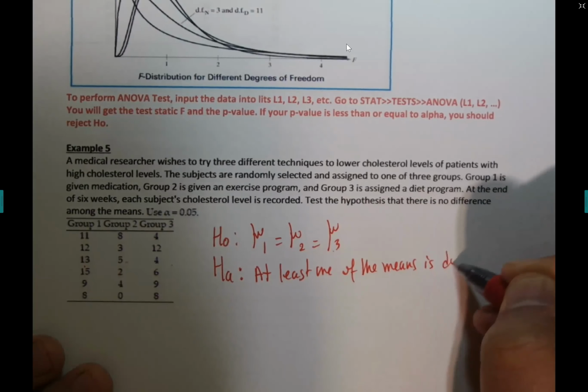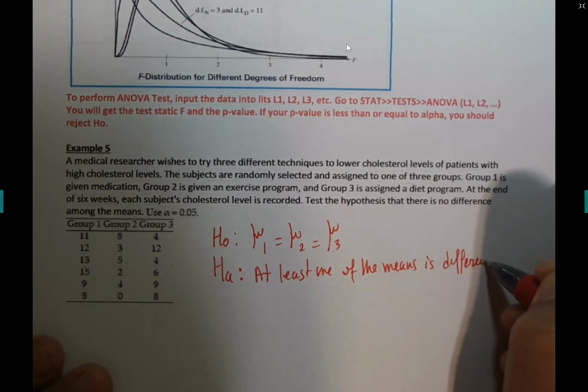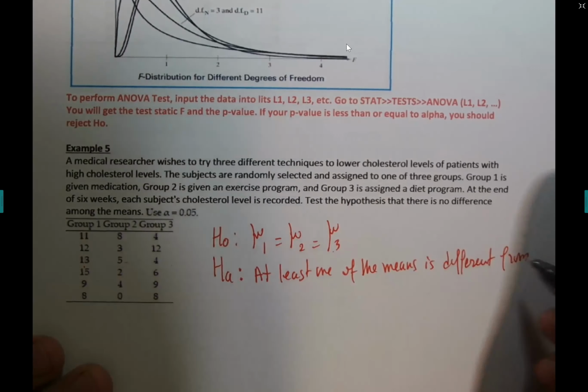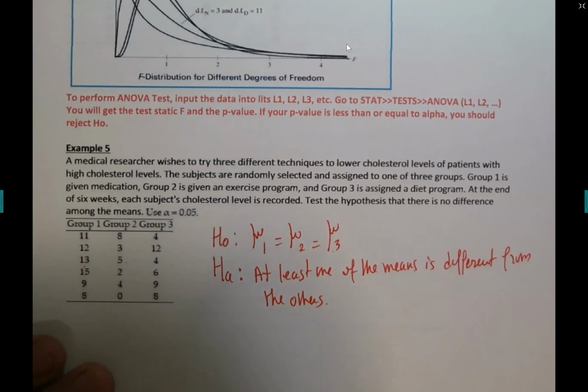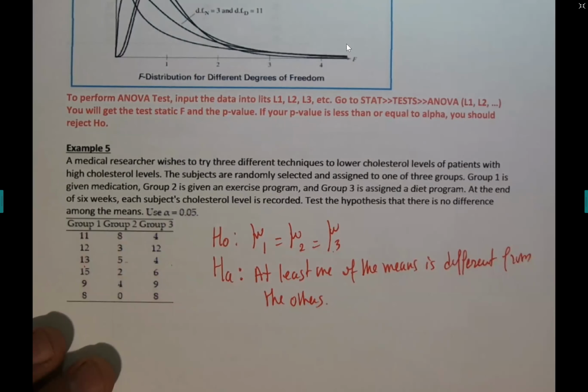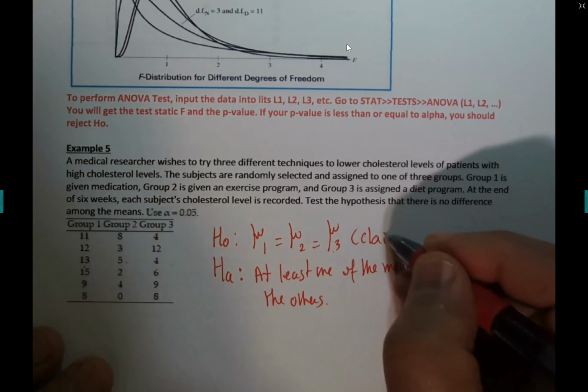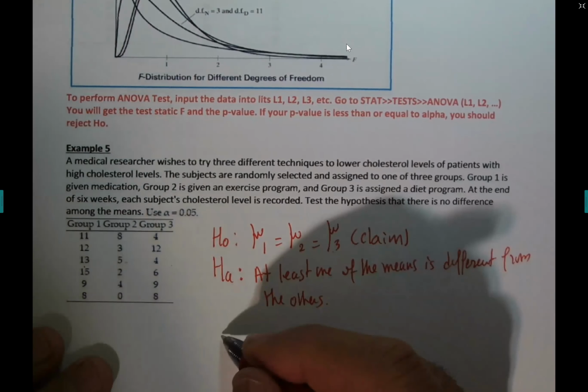That's what you select when you do this work online. Now, guys, can you tell me where the claim is? Test the hypothesis that there is no difference among the means. Joe? Yep. No difference means equal. Okay, ANOVA test.